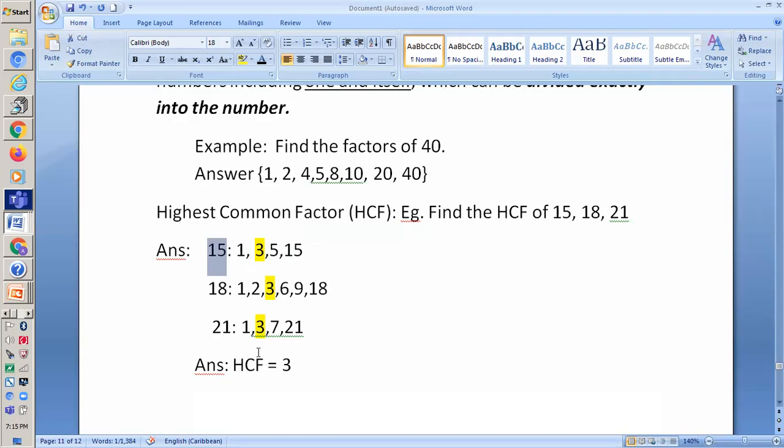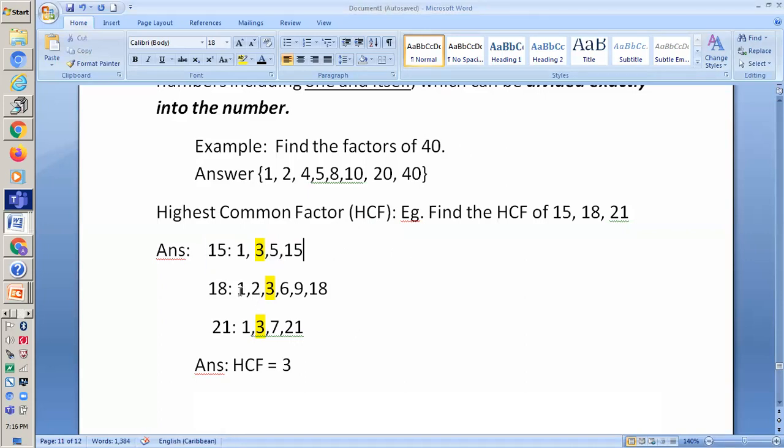So when you're finding factors, 1 and itself are always factors of a number. Then using your knowledge of your multiplication table, we recognize that 3 can go into 15 also. And we also recognize that 5 can go into 15 without leaving a remainder.